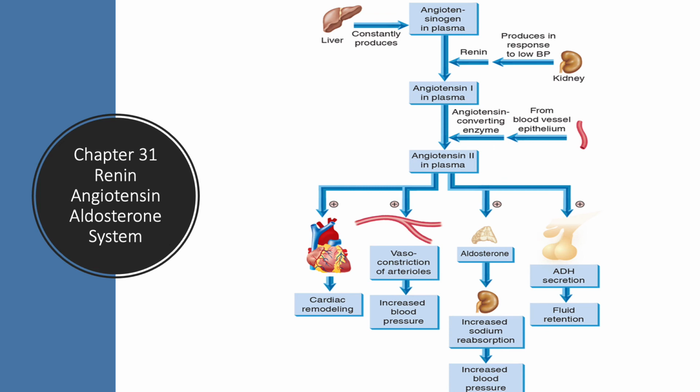Now it's in the bloodstream. Angiotensin 1 is in the bloodstream, and it is converted to angiotensin 2 by angiotensin converting enzyme. So ACE, angiotensin converting enzyme, that is often found in the blood vessels in the lungs, in the respiratory system.